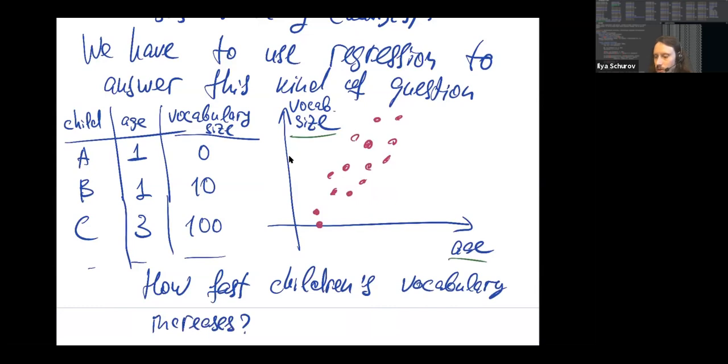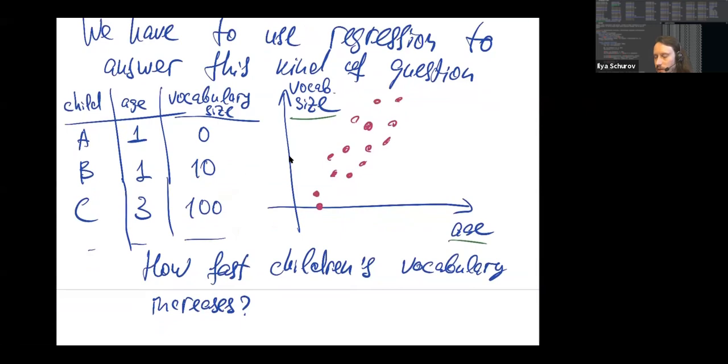So we are interested in some sort of velocity. We want to make some answer to this question, and this answer can be stated like at every year, children usually learn, for example, 100 new words, something like this. I do not pretend that I'm correct with my numbers, but this is just an example of the question that we can ask.